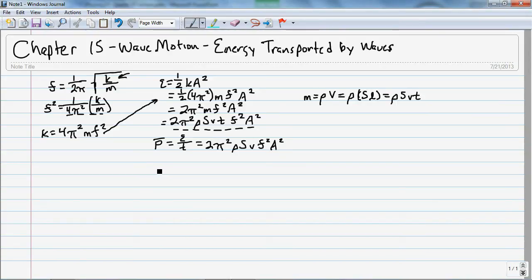And another parameter, average intensity. So I'm going to put this out here. Average intensity, and let's put this definition here. This is average power.